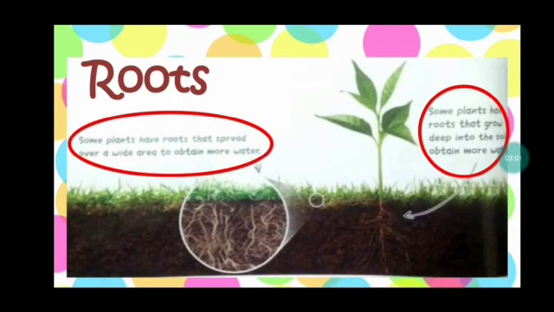So it relates to the second function. So the plant can have roots that grow deep, and the plant can have roots that spread over a wide area. What for? To get more water.